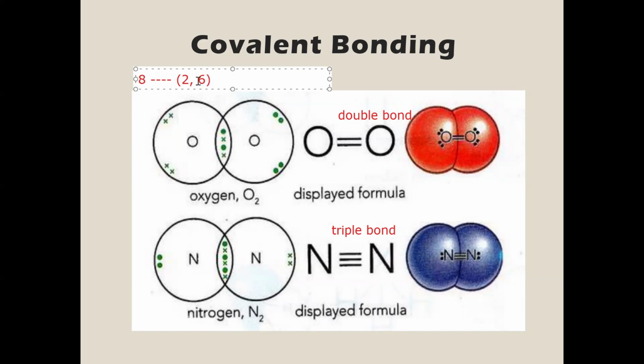So the outermost shell of oxygen will have 6 electrons. For the outer shell of oxygen to be full, it needs two more electrons to reach the octet, or 8 electrons in the outermost shell. And that's why usually oxygen exists in nature as a diatomic molecule.